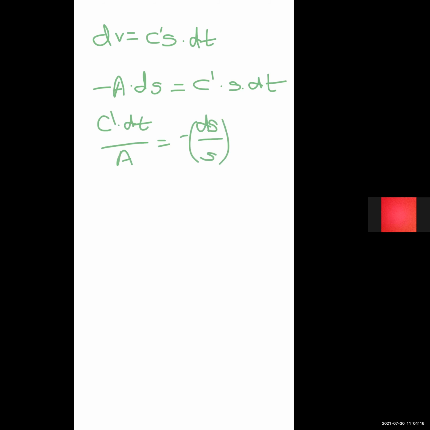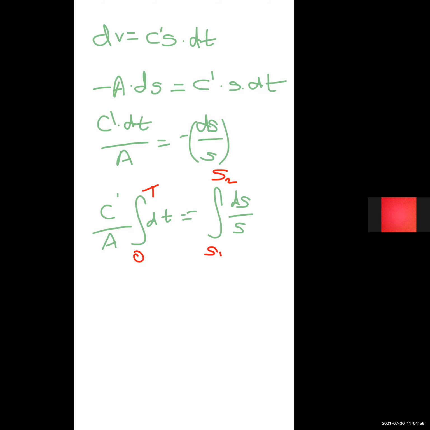By putting the value, we can integrate this relation with limits t equal to 0 to t equal to t, and S equal to S1 to S equal to S2. So we write the equation C' dt divided by A equal to minus ds by S, with S limits S1 to S2 and t limits 0 to t.